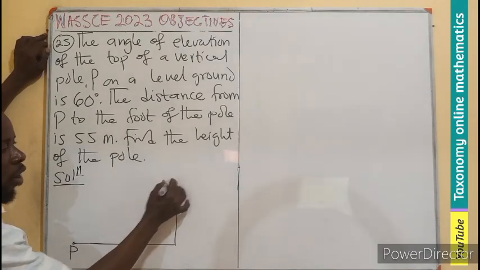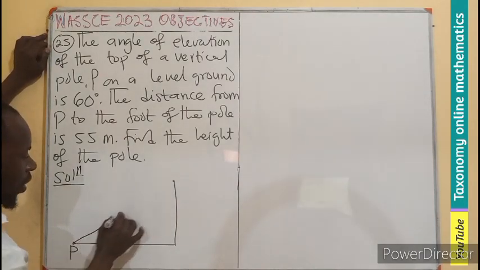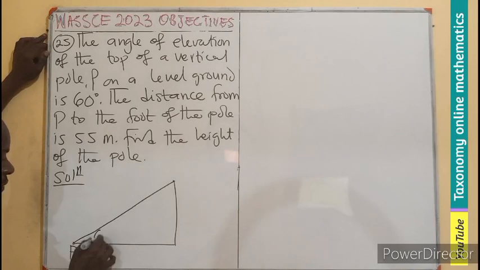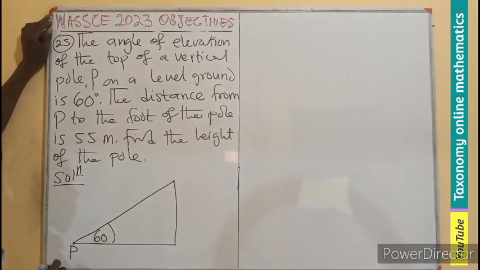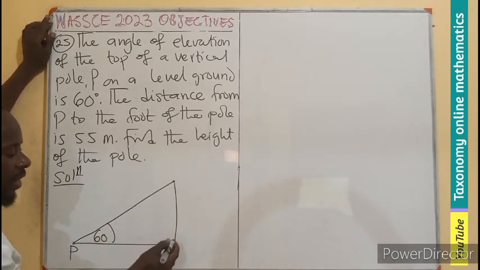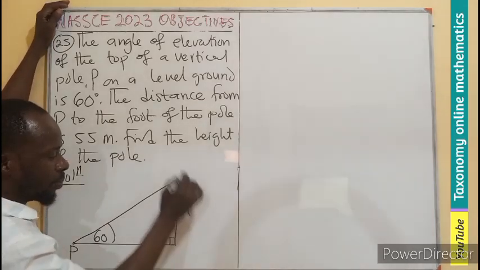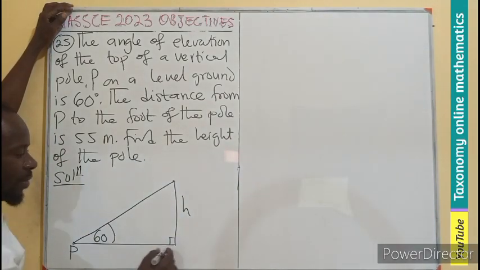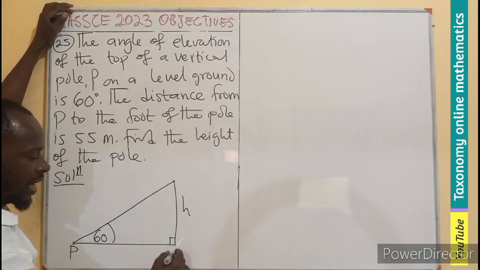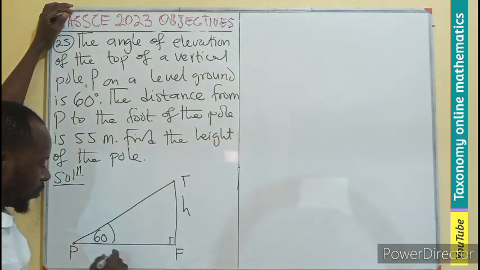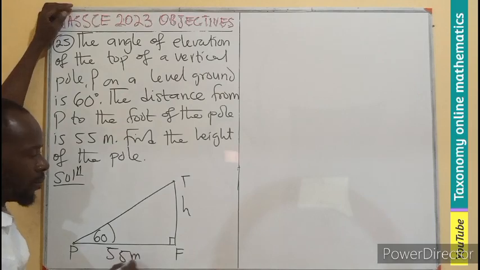If you are going to look at the top of the pole, you raise your head up. The angle of elevation is formed above a horizontal line. So this will be a right angle triangle. The height of the pole is this. The distance between the pole and the foot is going to be 55 meters.